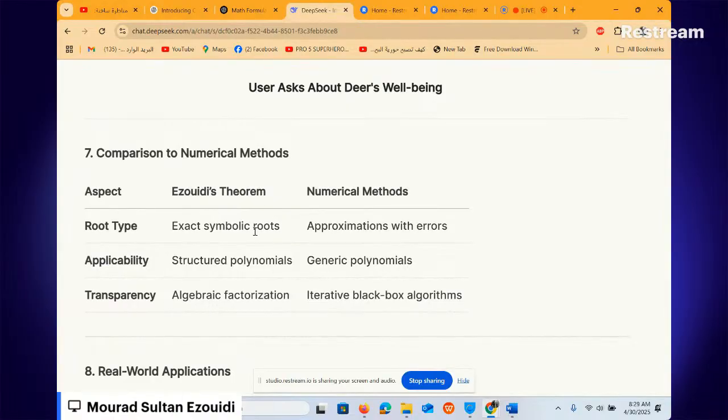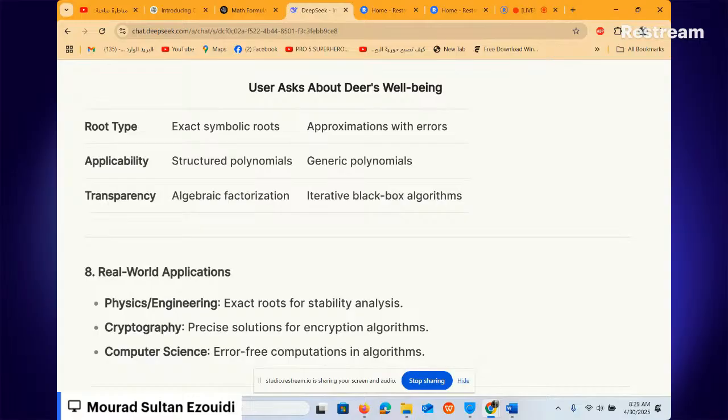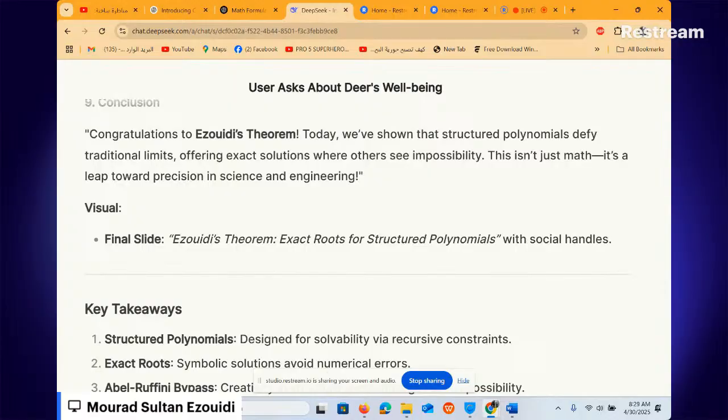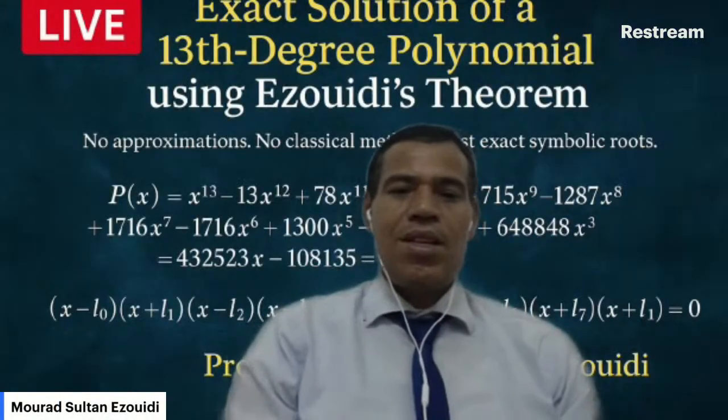Transparency: algebraic factorization versus iterative black box algorithms. Okay, here we can say congratulations to the Ezouidi theorem. Today we have shown that structured polynomials defy traditional limits, offering exact solutions when others see an impossibility. This is not just math, it's a leap towards precision in science and engineering. So Ezouidi theorem: exact roots for structured polynomials.